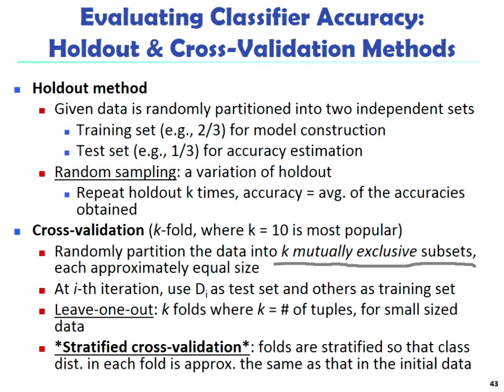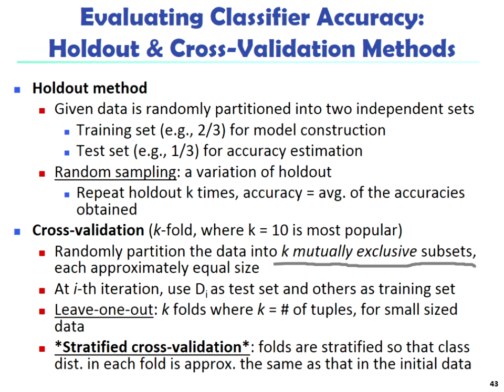For example, if we have 200 tuples, we will make 200 iterations, and in each iteration we keep only one tuple for test and all the rest of the tuples for training. Stratified cross-validation: folds are stratified so that the class distribution in each fold is approximately the same as that in the initial data.